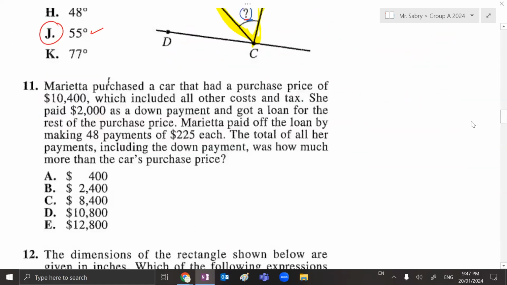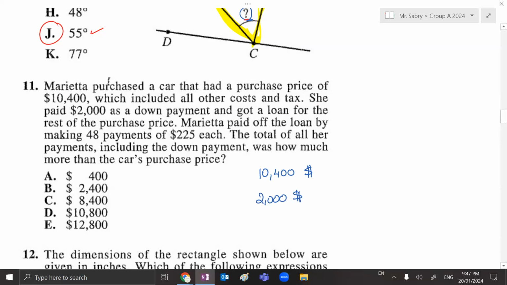Moving on to number 11. It says Marietta purchased a car that had a purchase price of 10,400, which included all other costs and tax. I'll put here 10,400 for the price of the full car. She paid $2,000 as a down payment, and then got a loan for the rest of the purchase price.